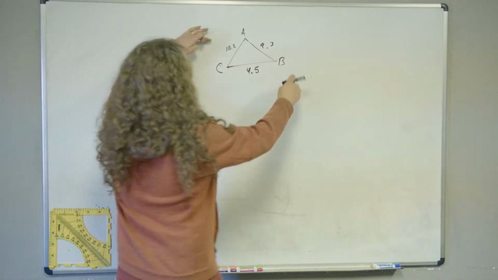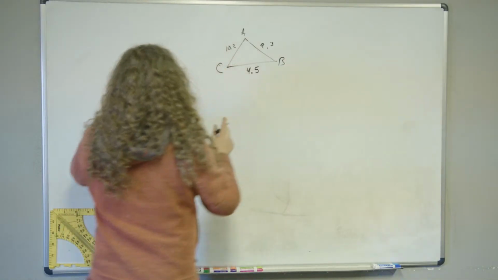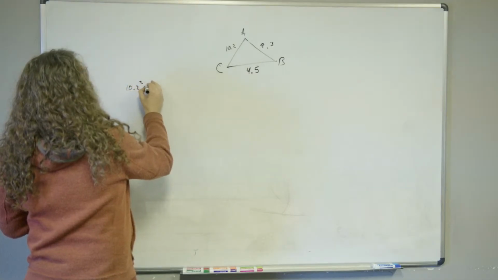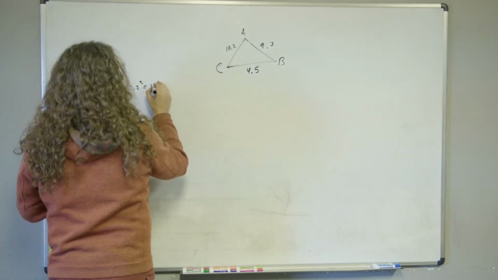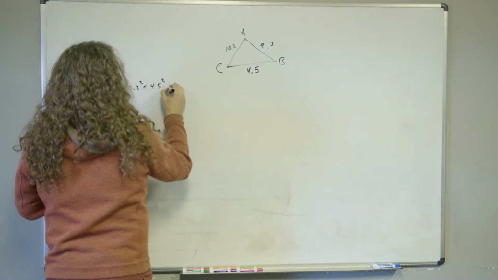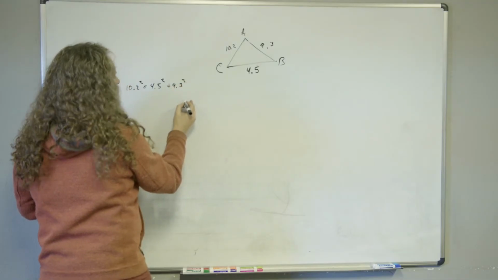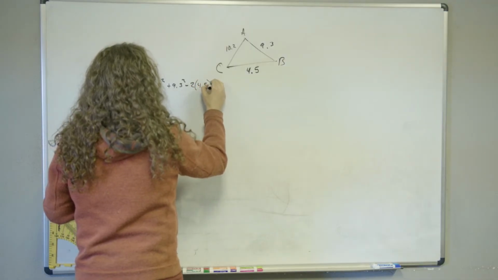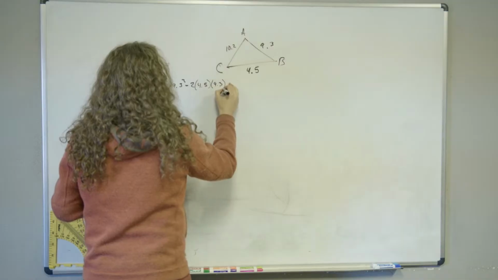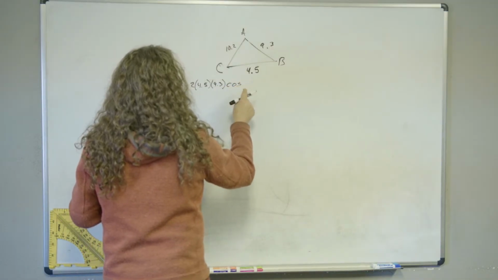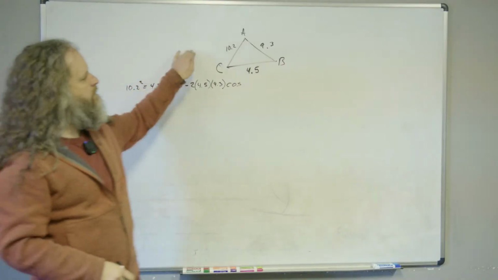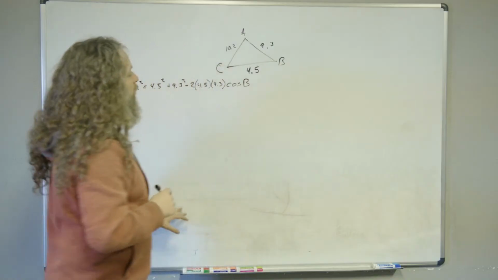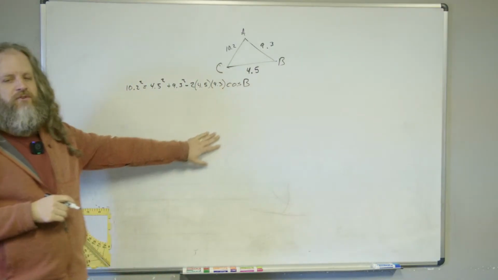So we're going to do 10.2 squared equals the other two squared, so 4.5 squared plus 9.3 squared minus 2 times 4.5 times 9.3 times the cosine of the angle across from the 10.2, which is angle B. So the cosine of B. And we're looking for an angle, so eventually we're going to use the inverse cosine.